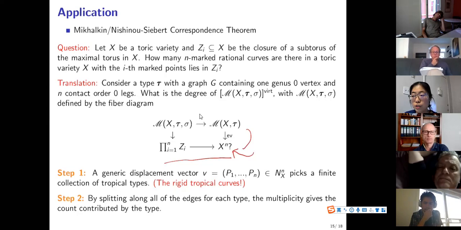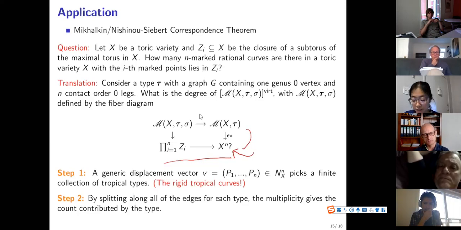Since these are general, we can perturb the vector a little bit to make it lie on the maximal cones.